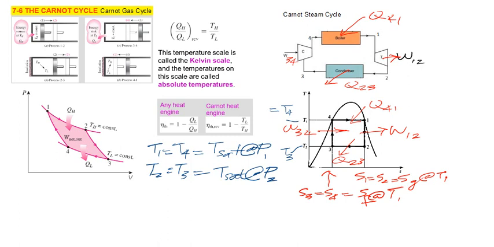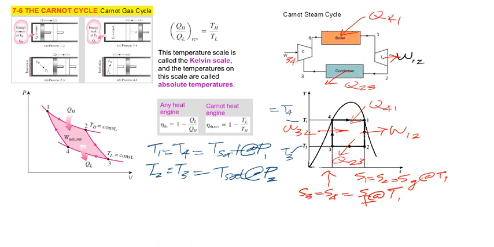Okay, so this is how we can look at the values of heat transfer, or the energy transfer, in terms of Q41, W12, Q23 and W34. So what we are going to do next is look in depth at the Carnot steam cycle, and we are going to look at the thermal efficiency of this Carnot steam cycle.